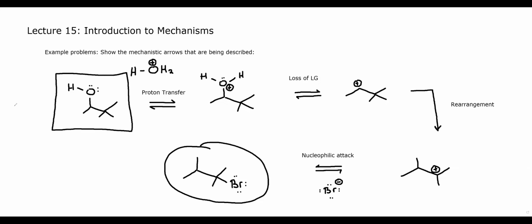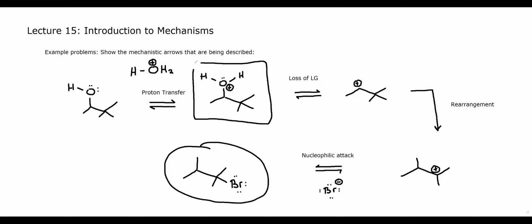Okay. Let's start with a proton transfer. If we take a quick peek at the product of this reaction, the box here, the product of a proton transfer, we're going to have an oxygen that now has an extra hydrogen on it, and this is a positively charged oxygen.